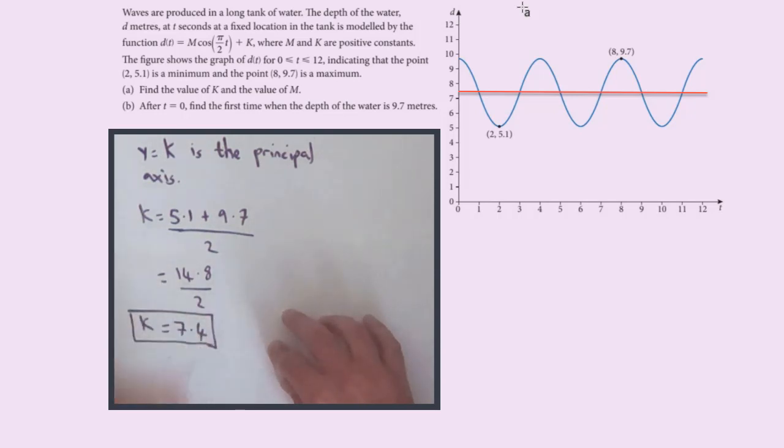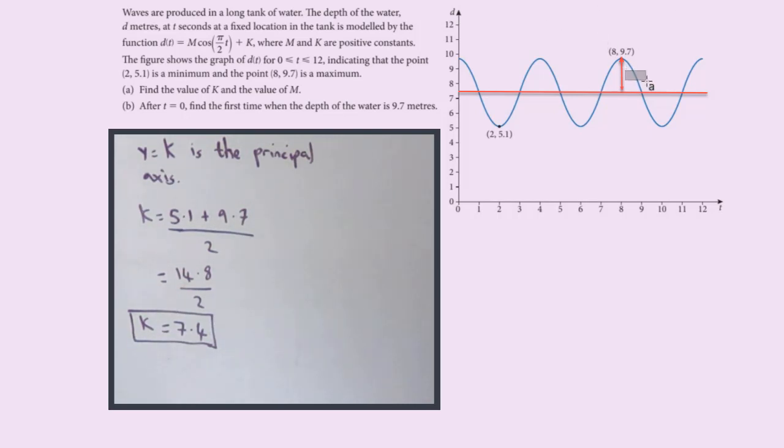Now for m, remember m is the amplitude. When I say amplitude, it's the height of a wave, so the distance it gets from the principal axis. If I draw a little arrow, this height here is the amplitude, so that is the absolute value of m, and we've been told that m is positive anyway, so that is just m.